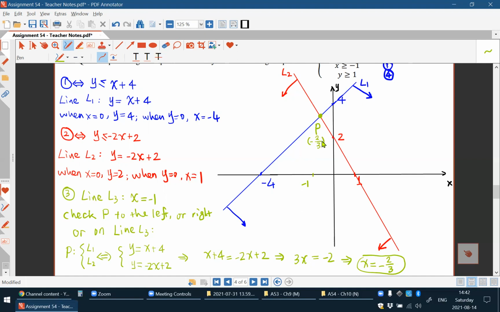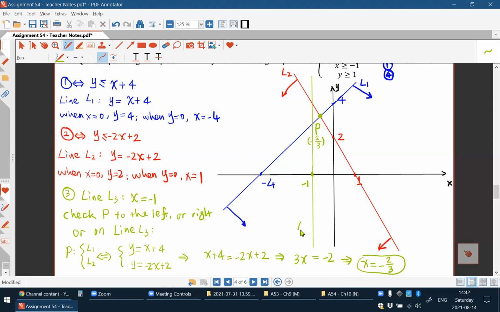This means point P must be to the right of line 3, right? Because line 3 is x equals minus 1. Minus 2 over 3 is, of course, greater than minus 1, right? So to this point, we can safely draw line 3 like this, right?